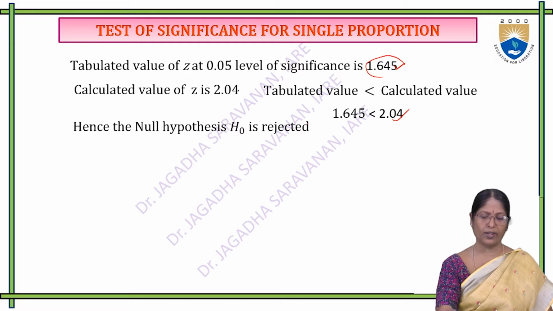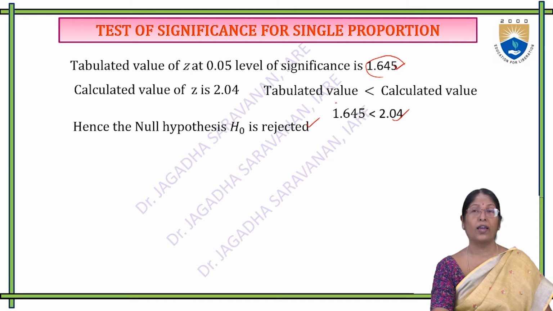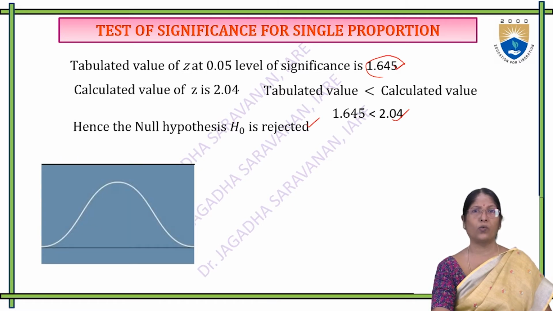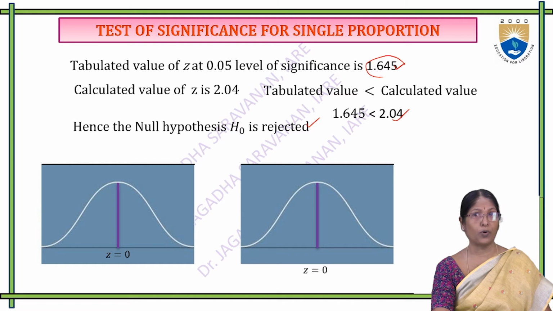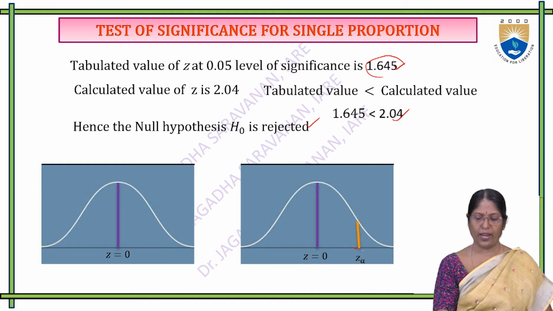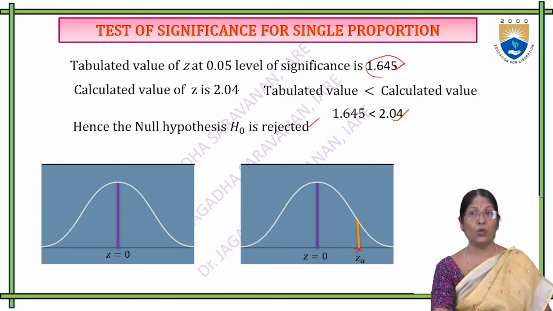That is the reason the null hypothesis H naught is rejected. We can now focus on our bell-shaped normal curve, which is ready. In this problem we selected the right-tailed test, where Z alpha, the tabulated value, is placed on the right side of this symmetric line.